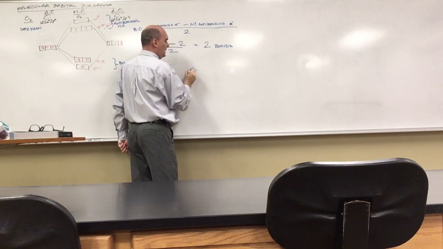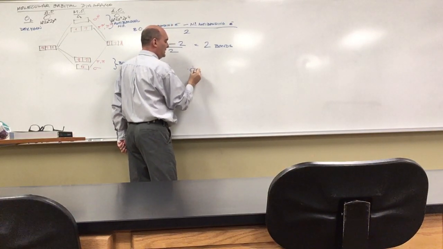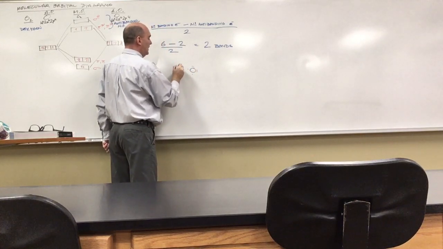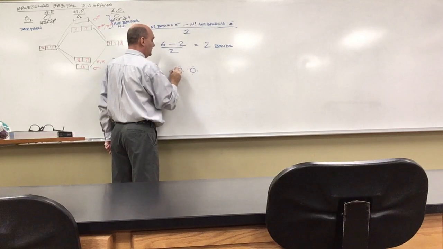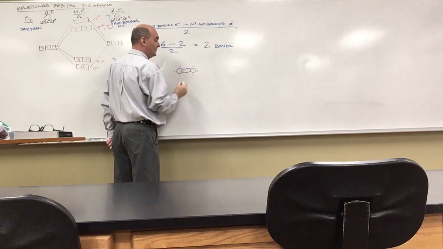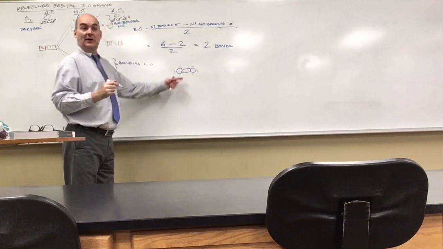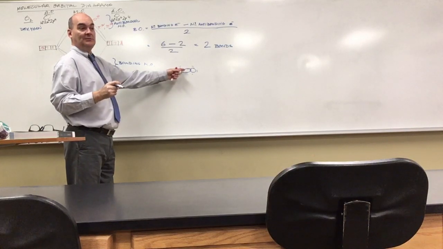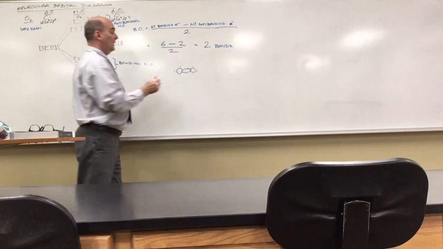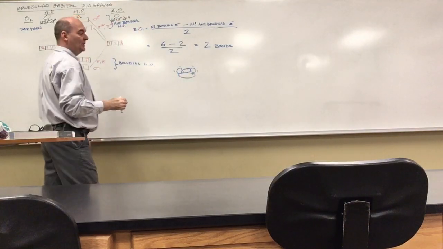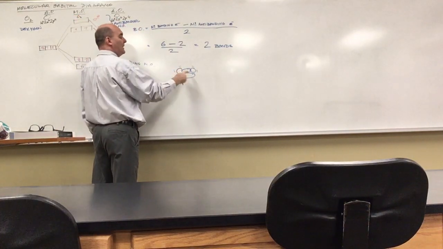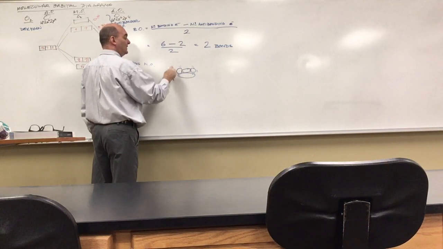1, 2, 3, 4, 5, 6. 1, 2, 3, 4, 5, 6. Bond those 2 together. That's a covalent bond, 2 electrons shared between 2 atoms. And then bond those 2 together, 2 electrons shared between atoms. The oxygen on the left now has 1, 2, 3, 4, 5, 6, 7, 8 electrons.